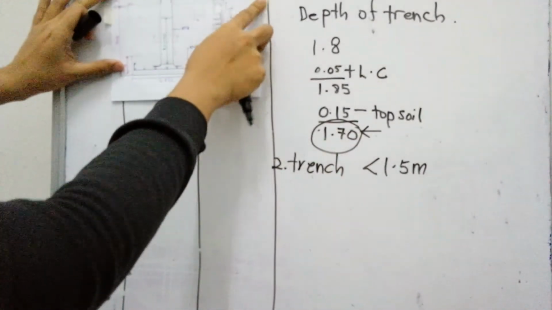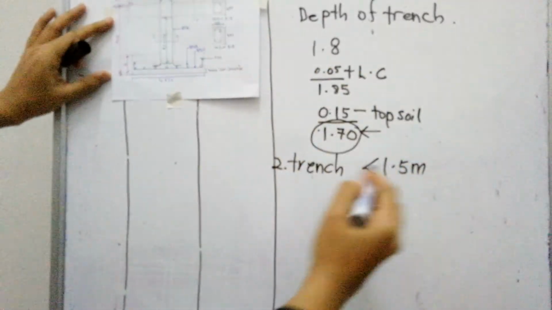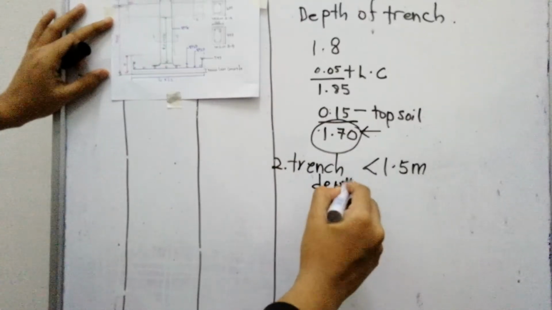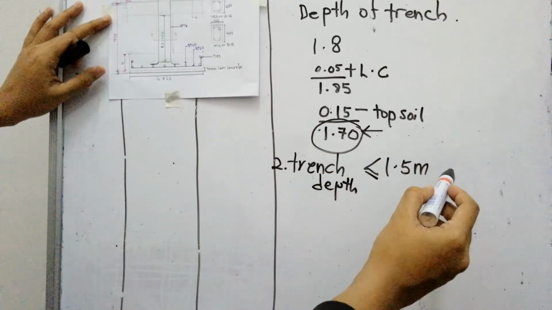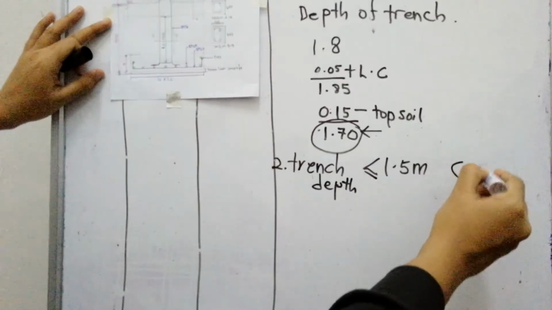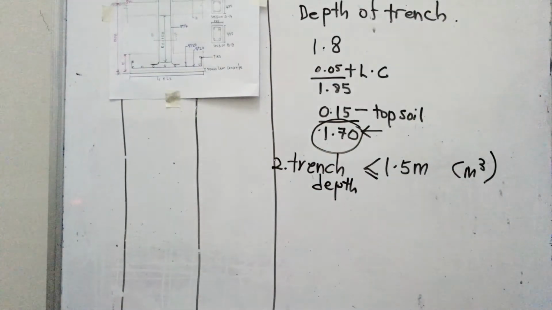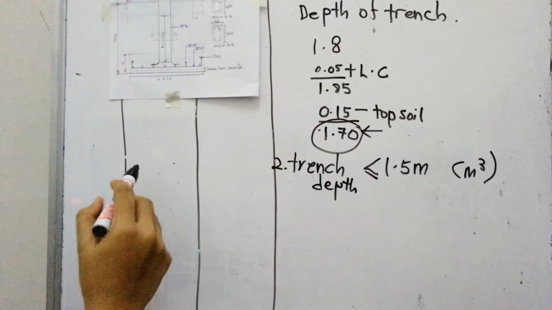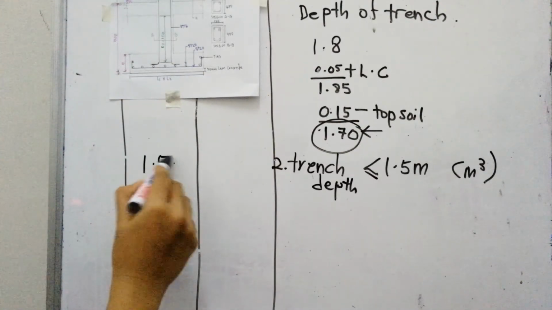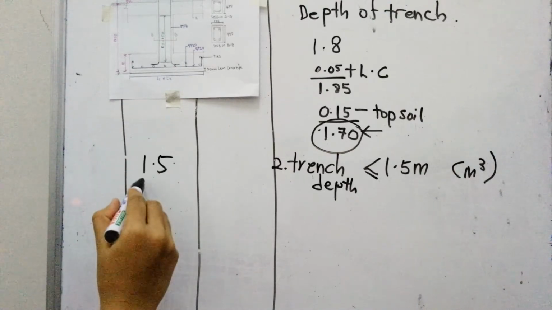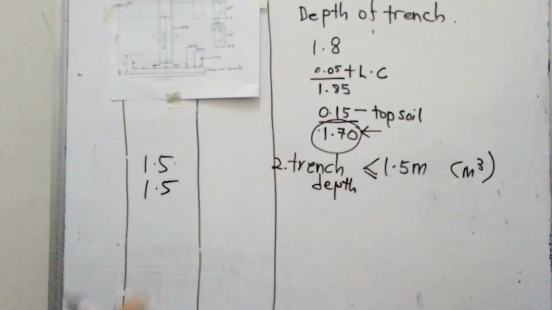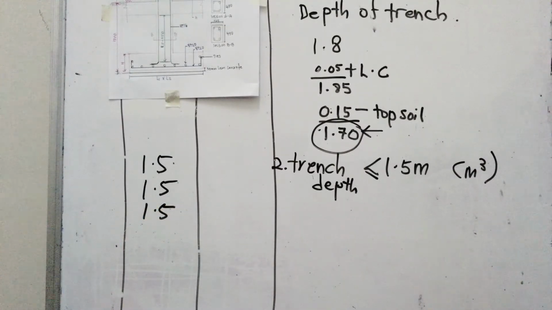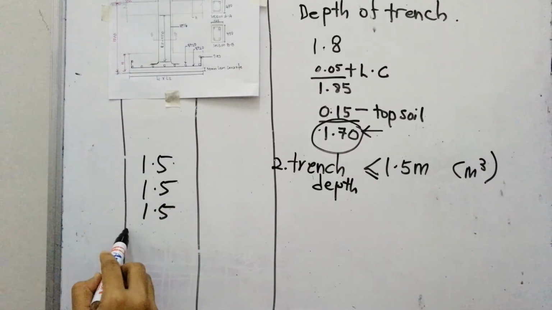For trench depth less than or equal to 1.5, you need to claim in unit cubic meter, meaning volume. Once again, the size of your pad footing is 1.5 length, 1.5 width, and for the depth you will take the first 1.5 because you want to comply with the second stage of excavation work.